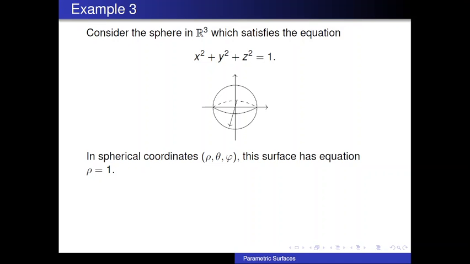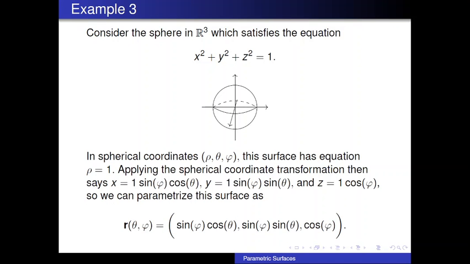Putting all those together with rho equals 1 gives us that x equals sine of phi cosine of theta, y equals sine of phi sine of theta, and z equals cosine of phi. So using just theta and phi, now we can parameterize this sphere. And I forgot to note on the slides here that theta will go between 0 and 2 pi, and phi will go between 0 and pi.